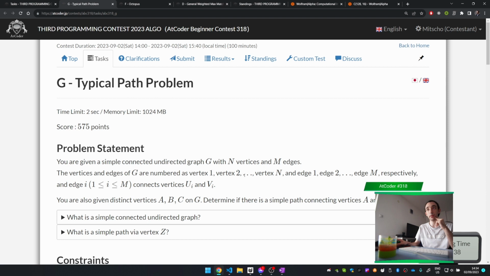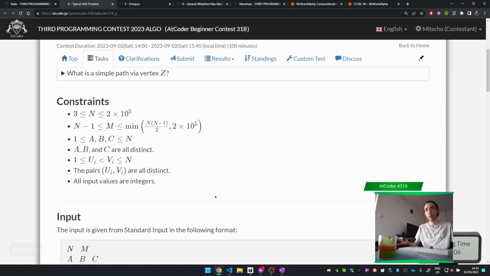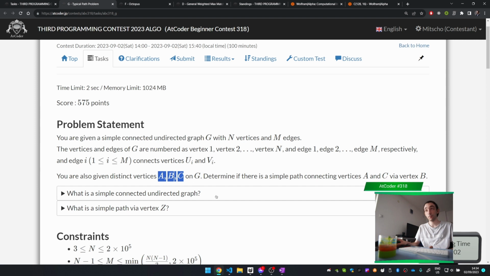You're given a simple connected undirected graph with vertices and edges, also given 3 distinct vertices, A, B, and C. Determine if there is a simple path connecting vertices A and C via vertex B. There's a graph, and there's A, B, and C. So if there is a path connecting A, that's not an easy problem, even though it's just a one liner.